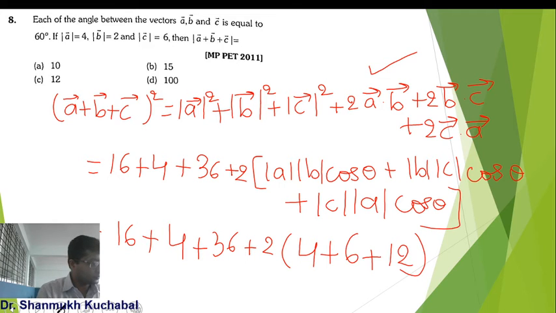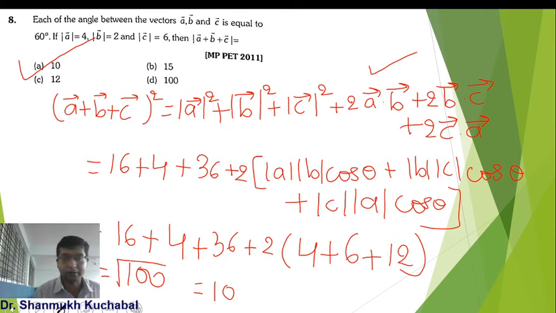So we get 100, and here it is the square. If you take the square root of that, we get 10. Therefore option A is the right answer. So we substitute cos 60 and the magnitudes, and simplifying we get the answer as 10. Like this we have to simplify.